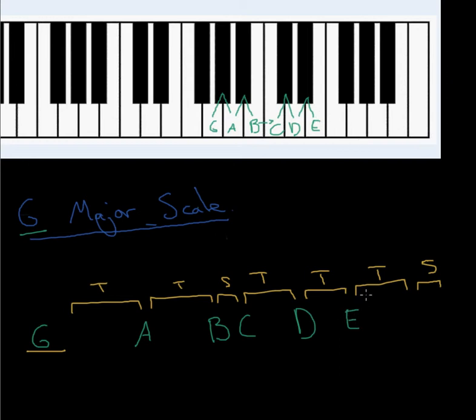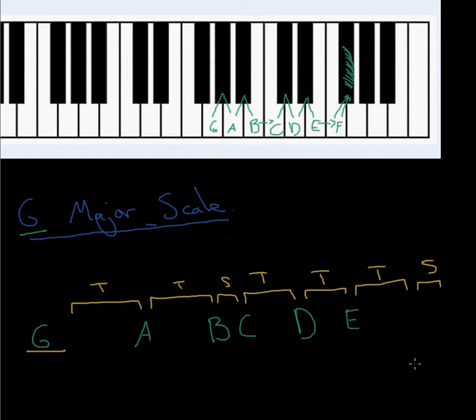Let's move up a tone from E. There's 1 semitone, 2 semitones. This note here, we need to know the name of it. Because we're moving up, let's just use the sharp one for now. So from E, it is an F sharp.